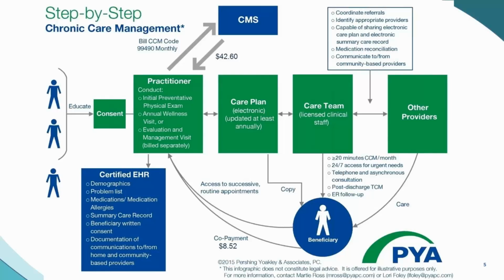You have your patients, you educate them on the CCM program, you get their consent, the practitioner performs the wellness exam, sees them in the office, they capture some information within the certified EHR, you have a care plan, the care team gets involved with the monthly contacts, and you kind of serve as the hub for all the referrals, all the services that the patient receives.